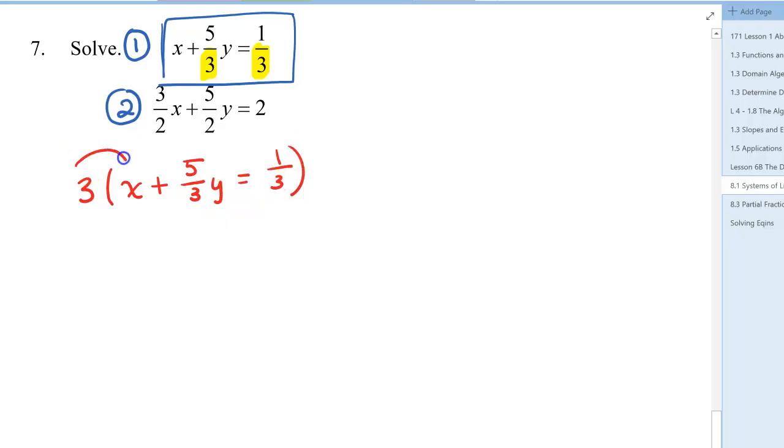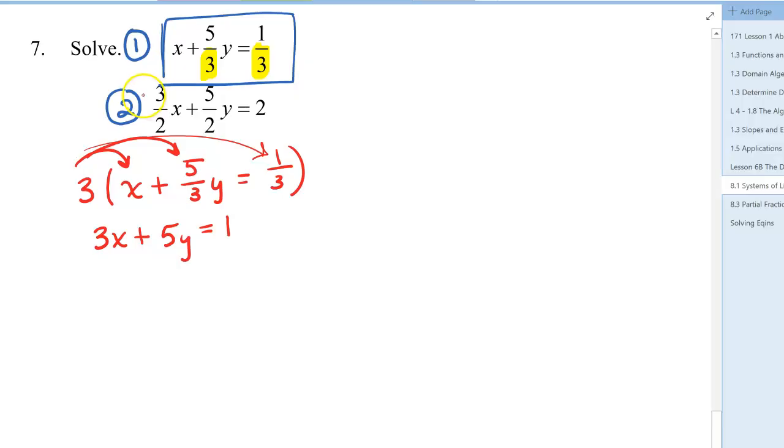Now, if I'm multiplying the whole equation, I've got to multiply everything. So this will give me 3x plus, and here these 3's cancel, so that just makes it 5y. And then these 3's cancel, which will make it just 1. That's not too bad now.